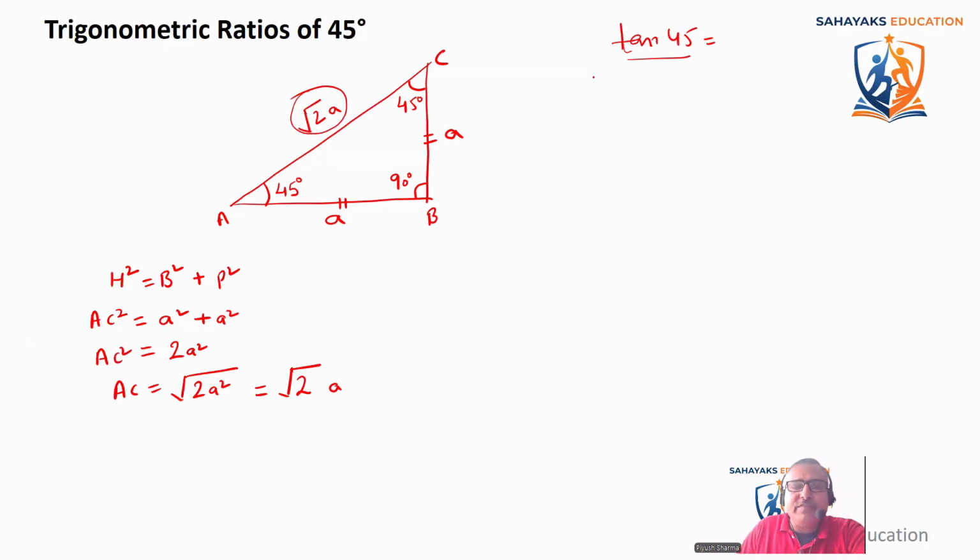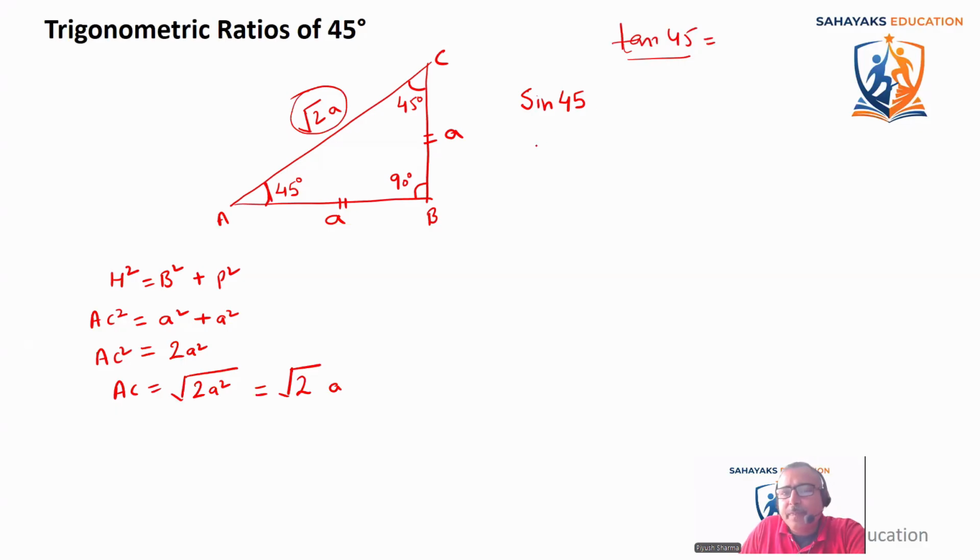Now we need to find out the various values of different ratios. So let me just start with sine theta. I'll write sine 45 here because theta, or A, is equal to 45. You can say the angle we are talking about is equal to 45.